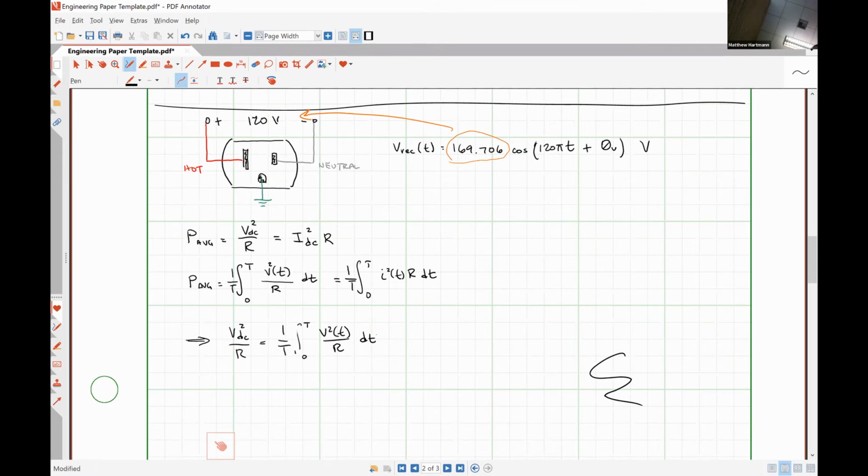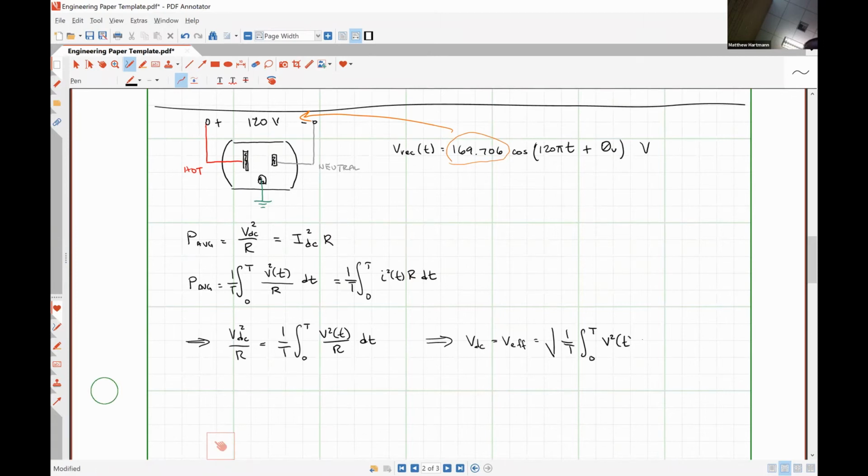The reason I'm doing this is because they both represent the average power, and what I'm trying to do is find a DC value that gives us the same power as our waveform. We could divide both sides by a factor of 1 over R, and then take the square root, and that would give us V DC, which I'm going to start calling now V effective, is simply the square root of 1 over T times the integral over 1 period of the square of our voltage waveform.